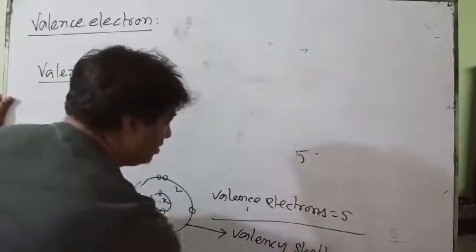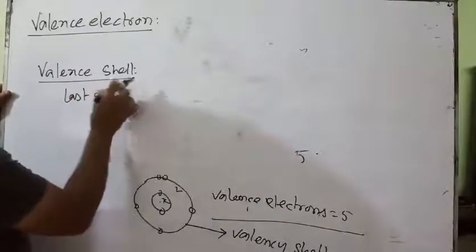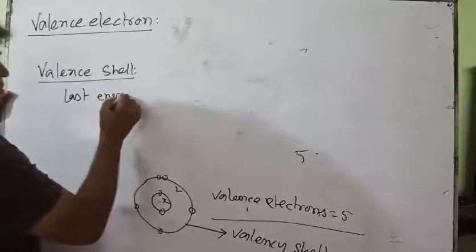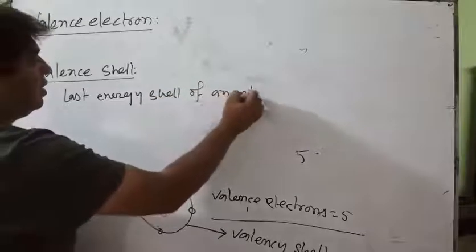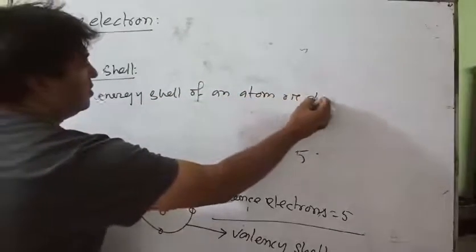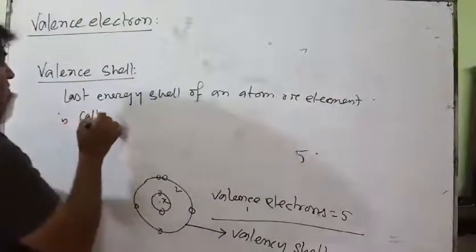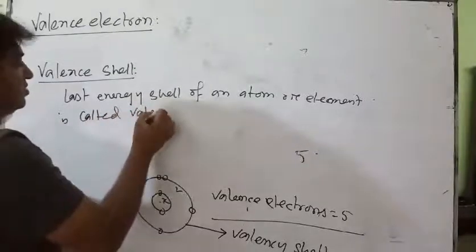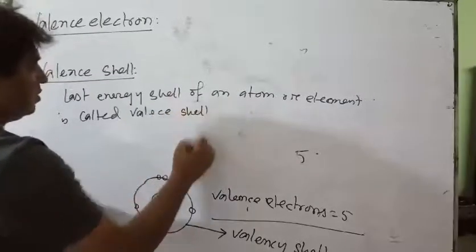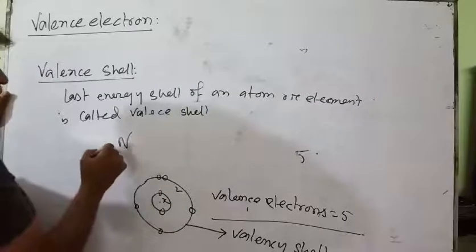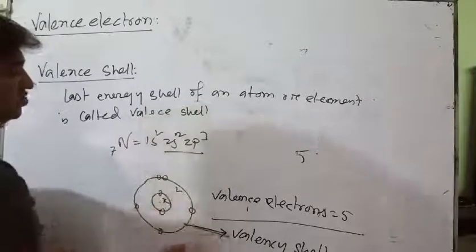The last energy shell of an atom or element is called the valence shell. Example here, nitrogen 7, 1s2 2s2 2p3. So this is the valence shell.